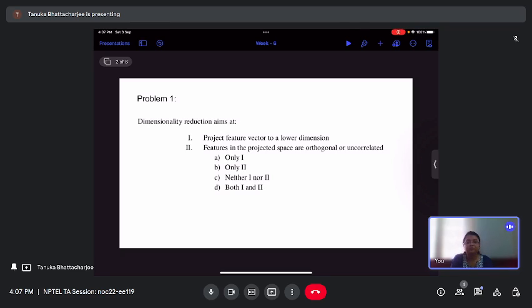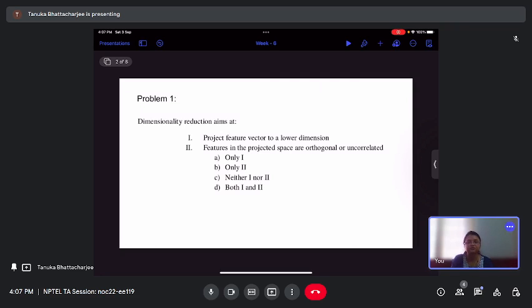space, or to make the features orthogonal in the projected space, because you do not want to have the same information in 2 or 3 or multiple features, because that is just redundant information. So you just want to have all unique information in all the feature dimensions. So you want to make the features orthogonal, so that the correlation is not there.